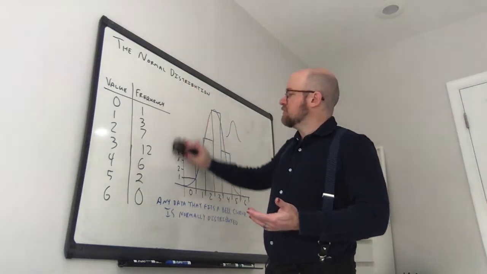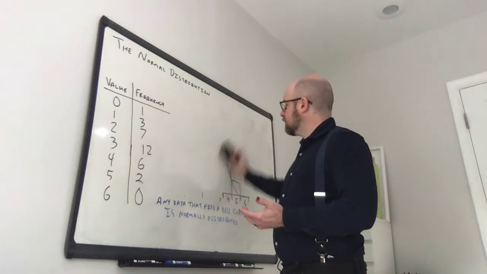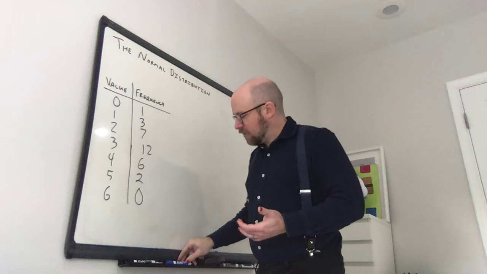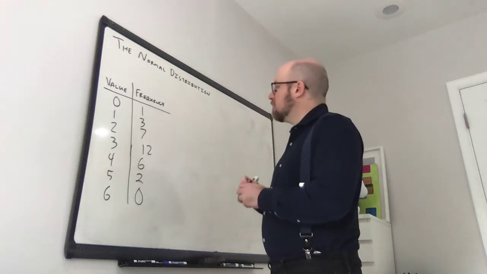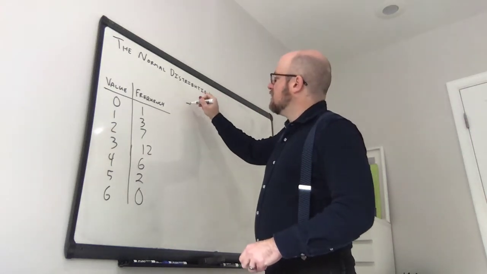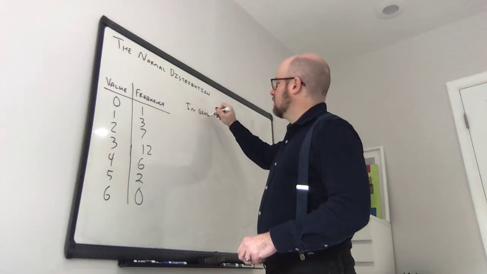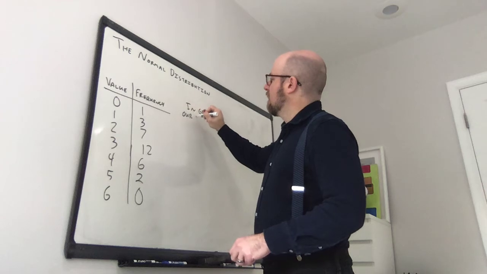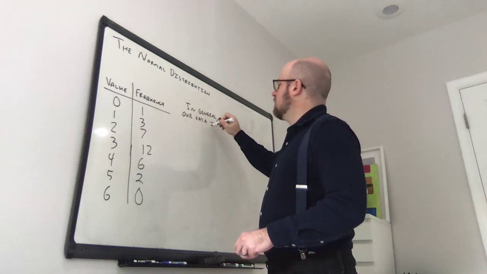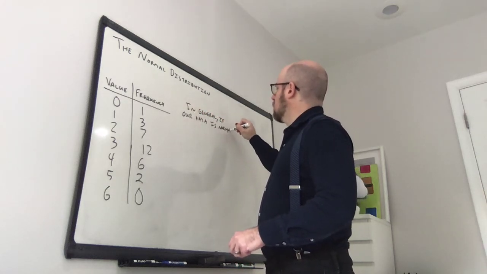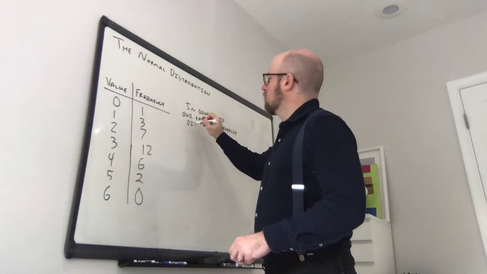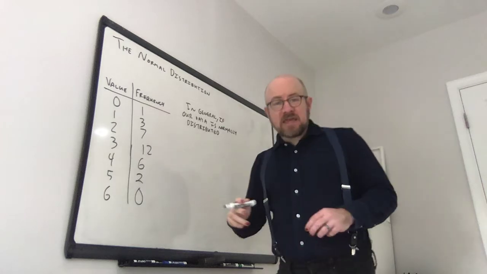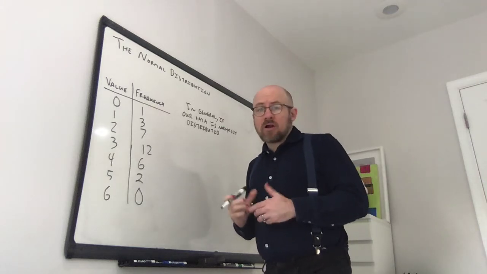A couple features of normally distributed data. First off, and this is the most important thing, in general, if our data is normally distributed, the mean, the median, and the mode are going to be about the same.